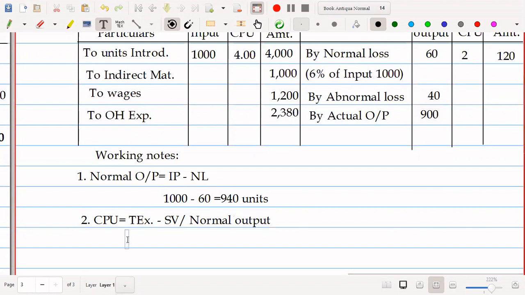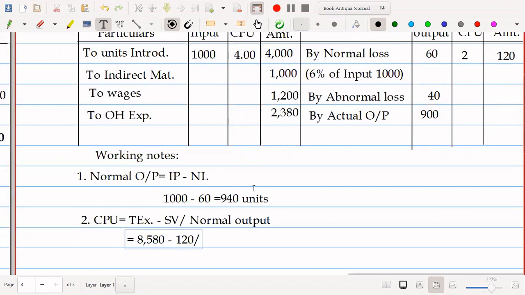Let's see what is the total now. See here, what is the total of all these entries on the debit side of the account. The total there is 8,580. 8,580 minus scrap value, we have calculated here, it is 120, divided by normal output.